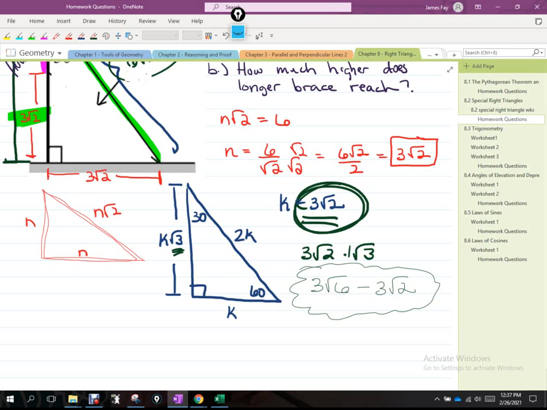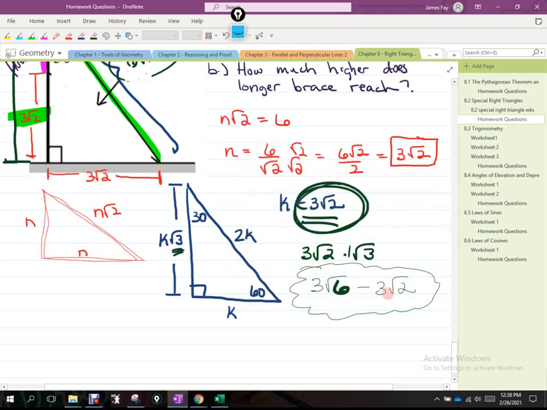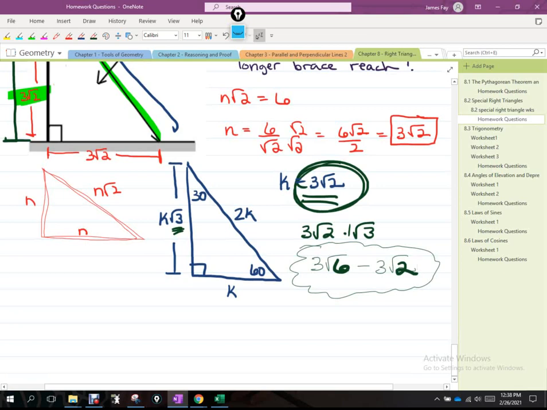Remember, no. In order to add or subtract radicals, those numbers have to be the same. Okay? And the reason for that is, think about this.